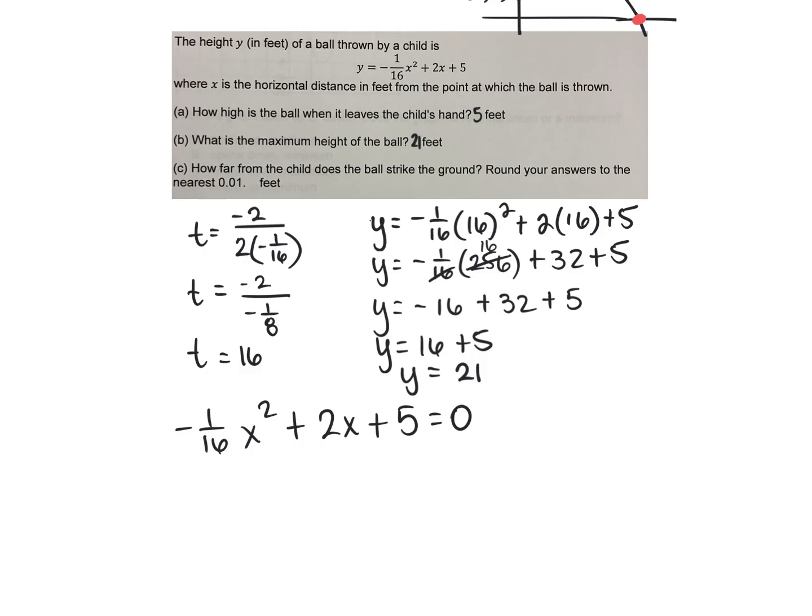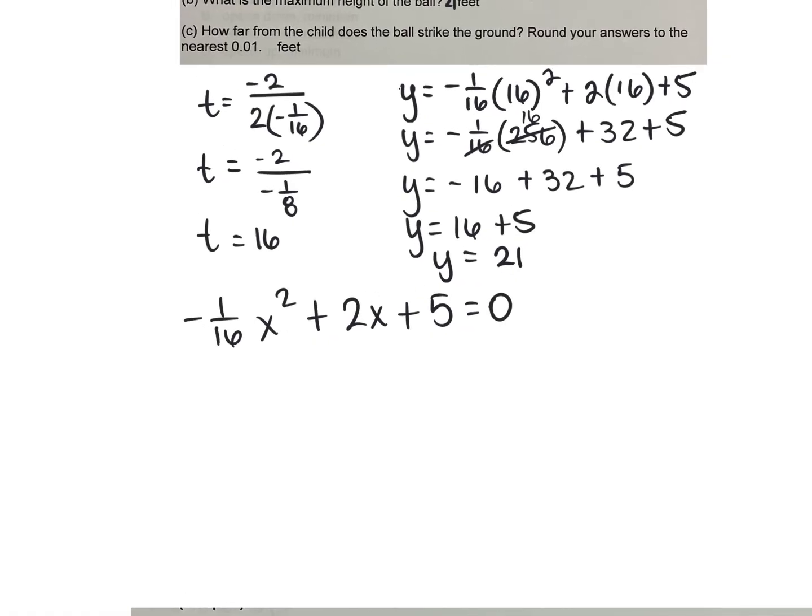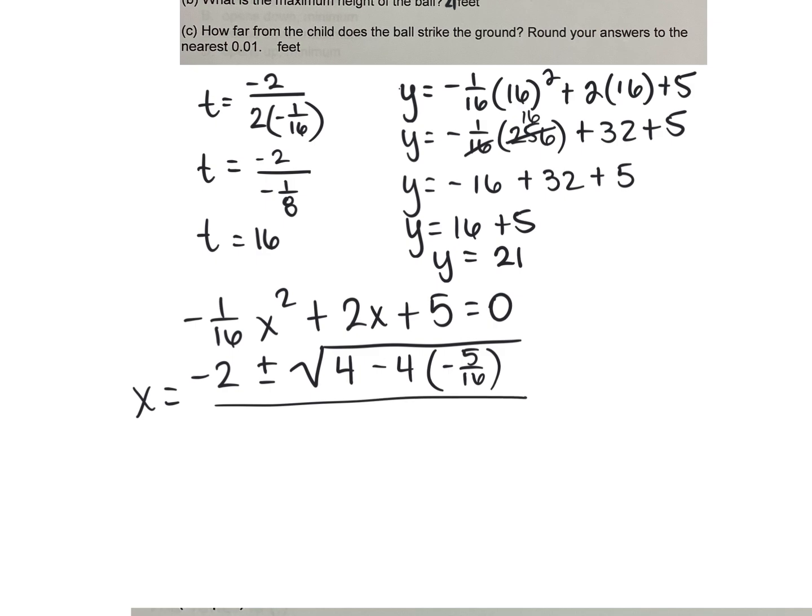So again, I'm not going to try to factor this. It's probably not going to factor. So we have x is equal to negative b plus or minus the square root of b squared, which is 4, minus 4 times a times c, which is negative 5/16. And we're going to divide that by 2 times negative 1/16, which is negative 1/8.